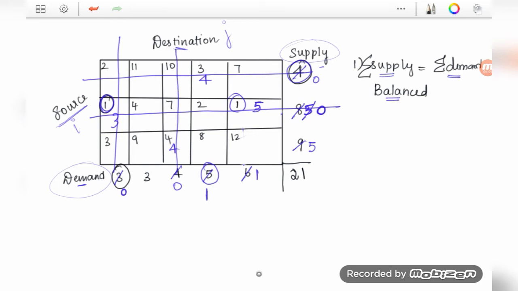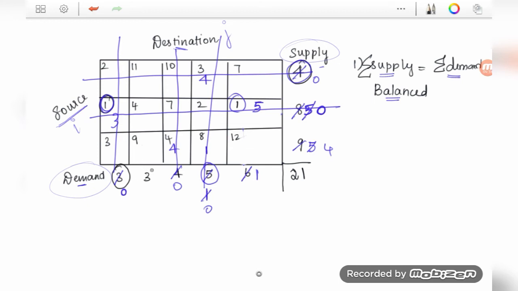Now the next smallest value is 8. Amongst 1 and 5, checking the corresponding row and column of 8, 1 is the minimum value, so you'll populate it with 1, make it 0, make it 4, and cancel this whole thing. Now amongst 9 and 12, 9 is the smallest, so you'll take that.